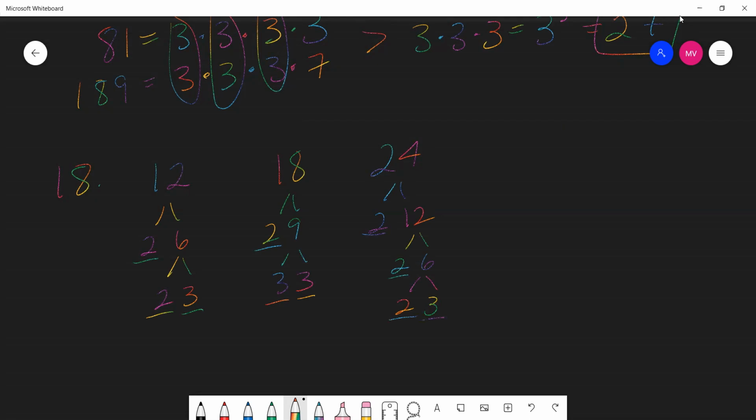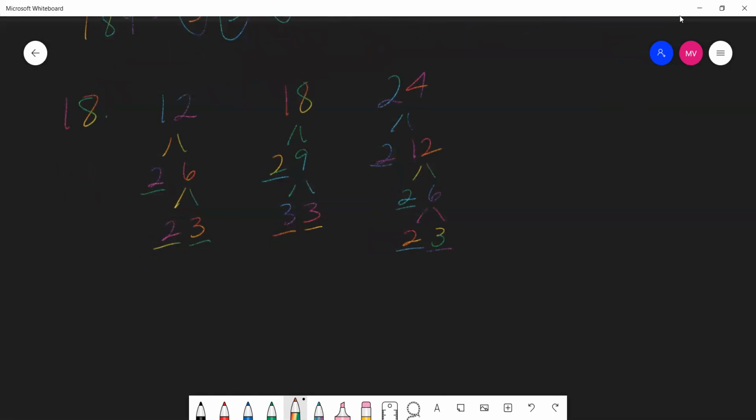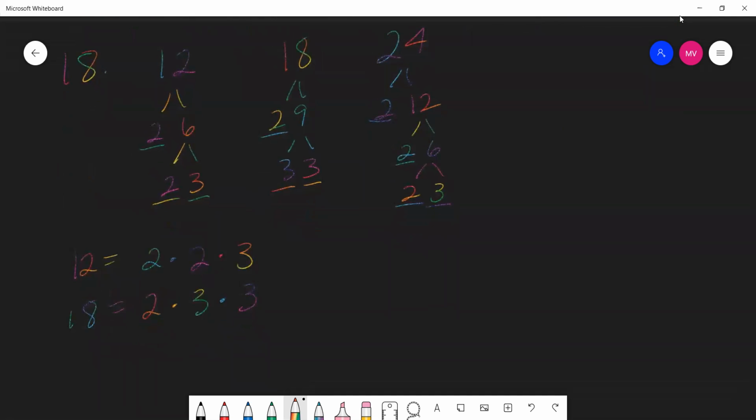Then we have all of our primes. So 12 is 2 times 2 times 3. 18 is 2 times 3 times 3. And 24 is 2 times 2 times 2 times 3.